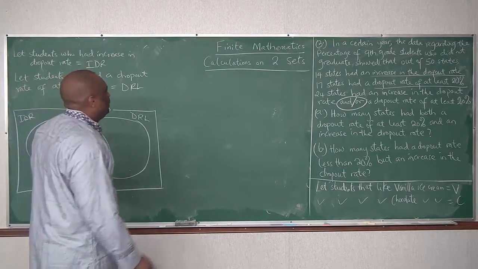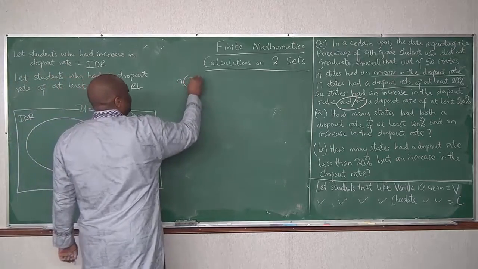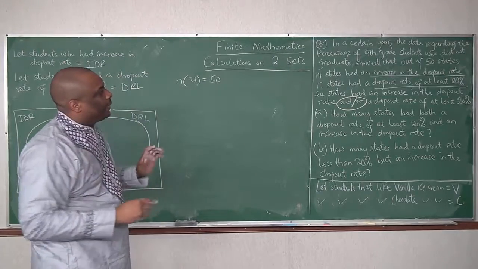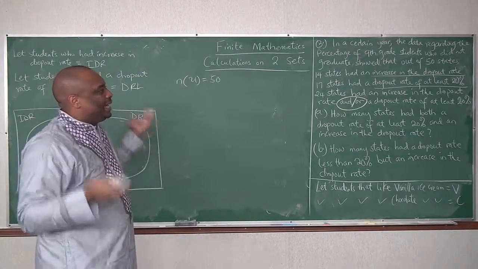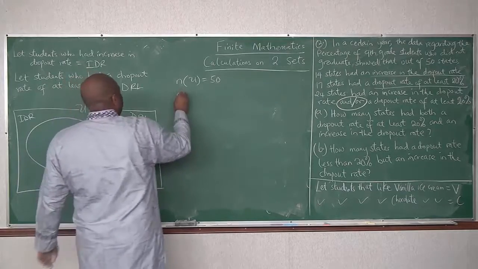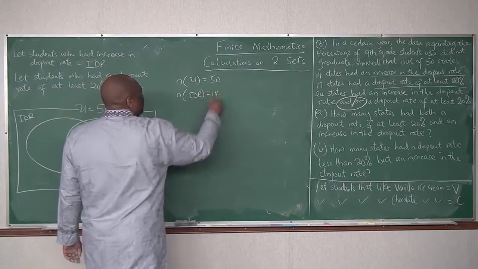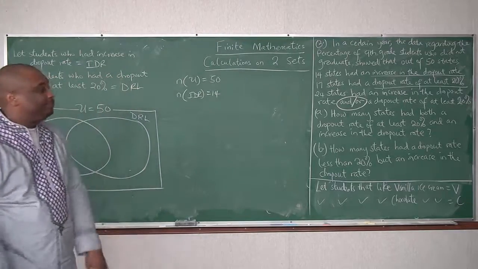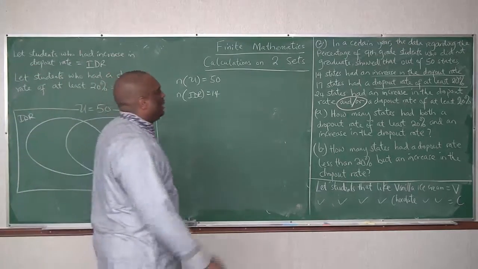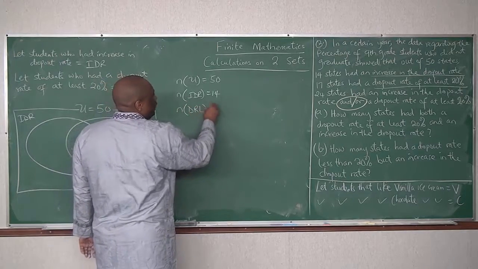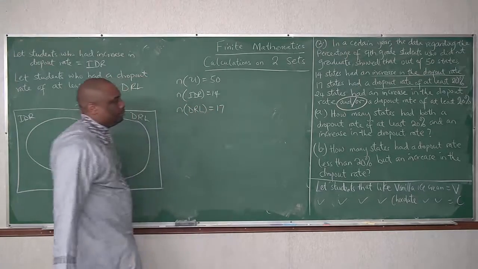So we see now that the cardinality of the universal set is 15. Then 14 states had an increase in dropout rate. So cardinality of IDR is 14. That doesn't mean it is only them. Then cardinality of DRL is 17.